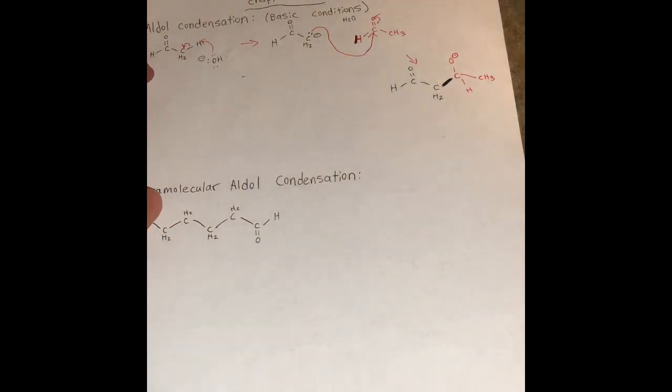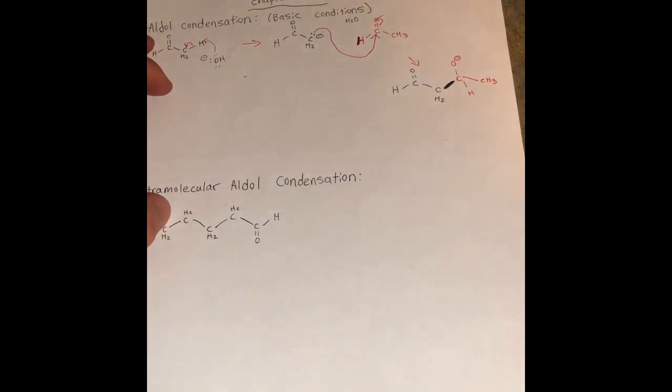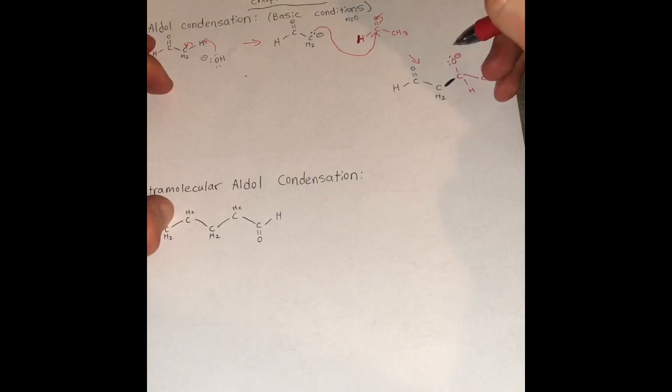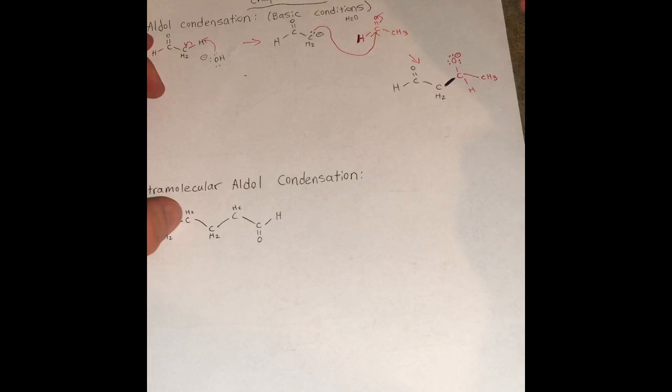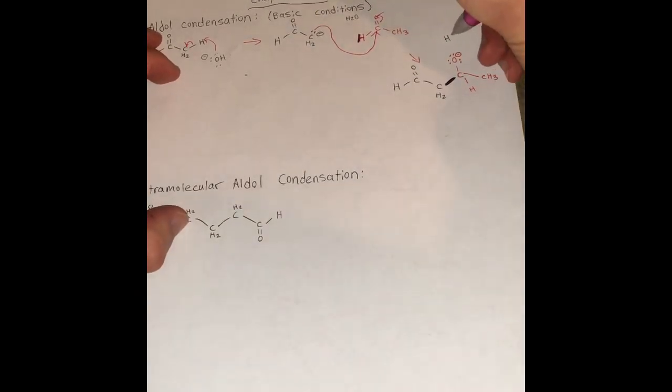Okay, so at this point, we have an O-. That is going to get protonated by the molecule of water that we formed after the first step. So I'll redraw the water right here. Take a pair of electrons and steal an H.